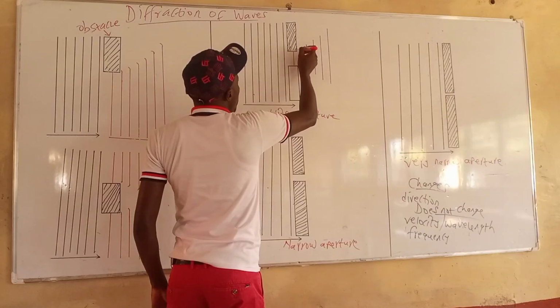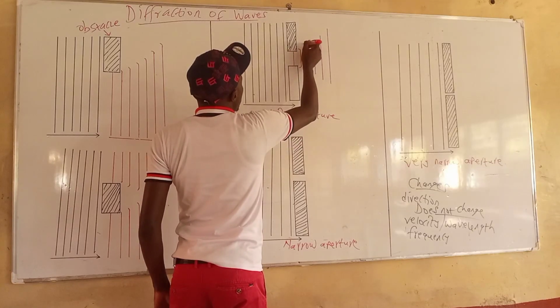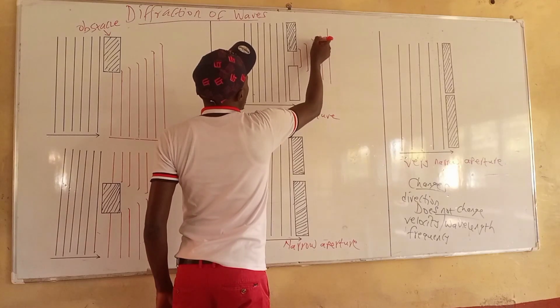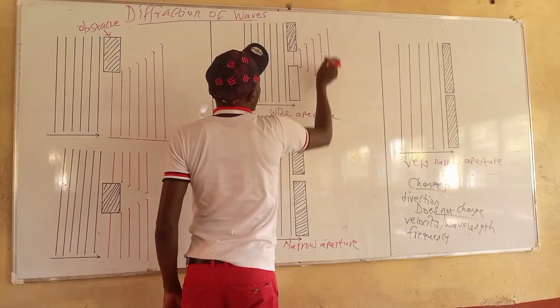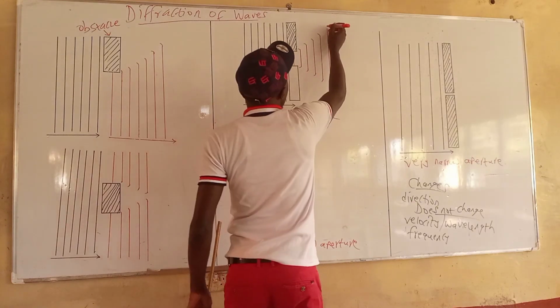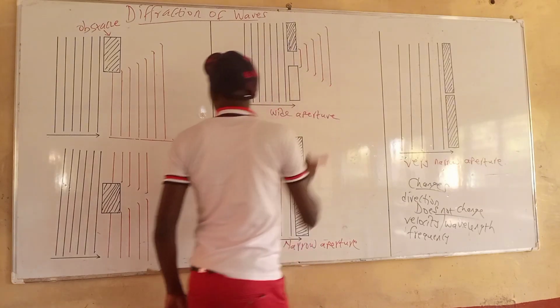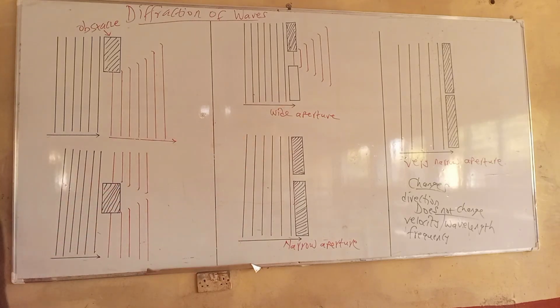So this wave is slightly curving. These are plane waves but slightly curving.